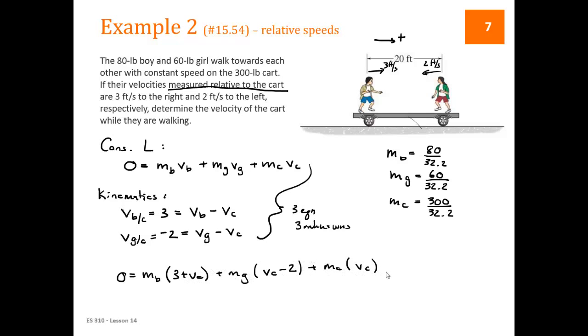We only have VC in there then, so VC is equal to -0.27 feet per second. So as the kids move towards each other, the whole cart will move this direction. The cart will actually roll while the kids are moving on it.